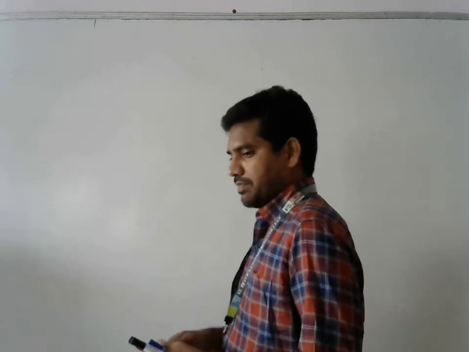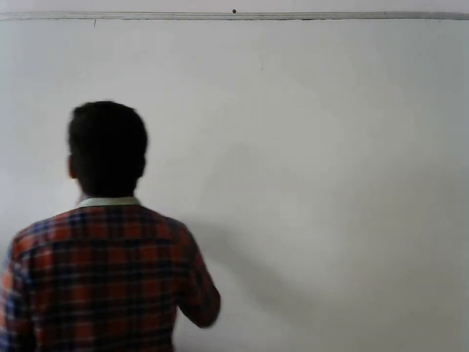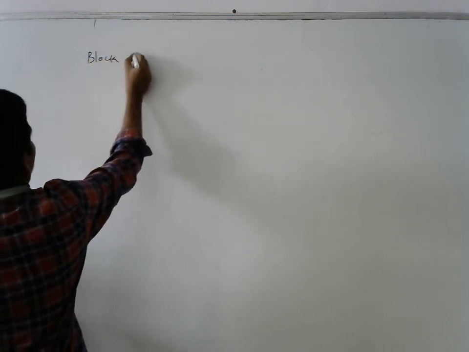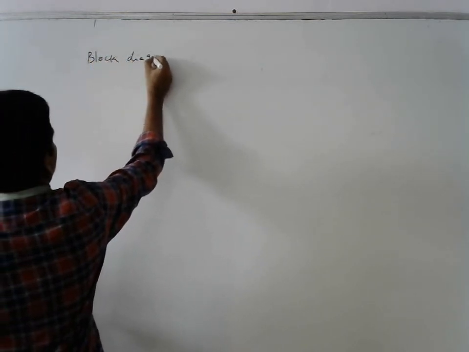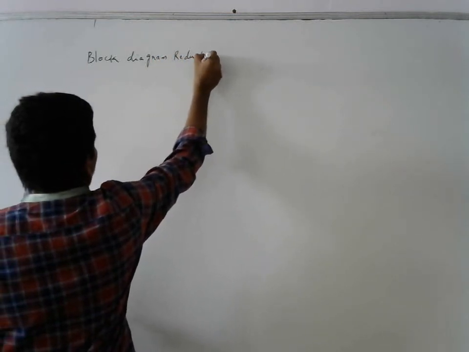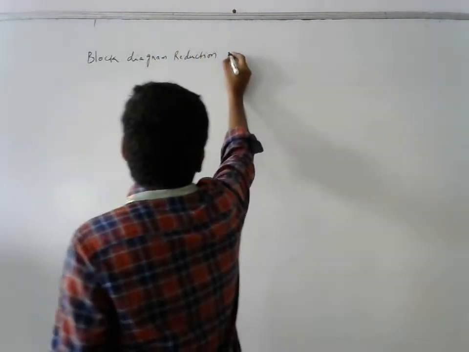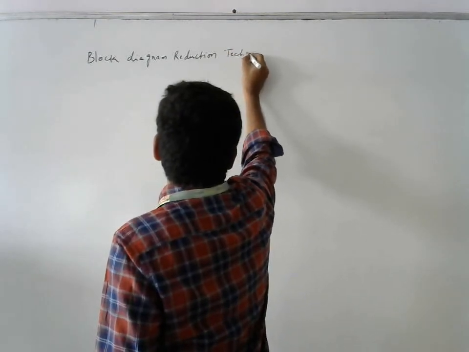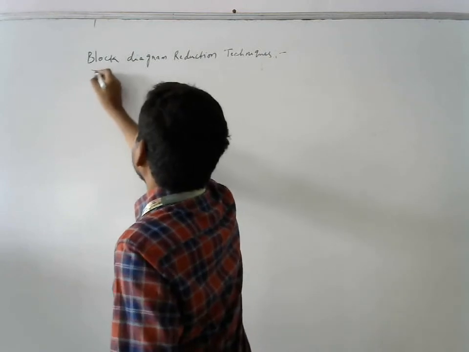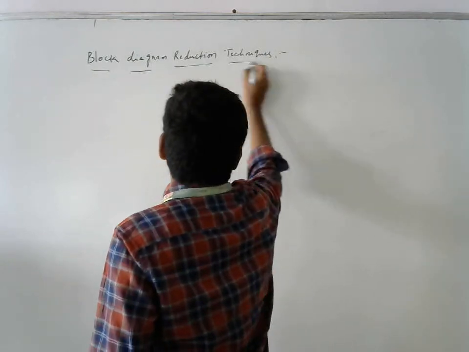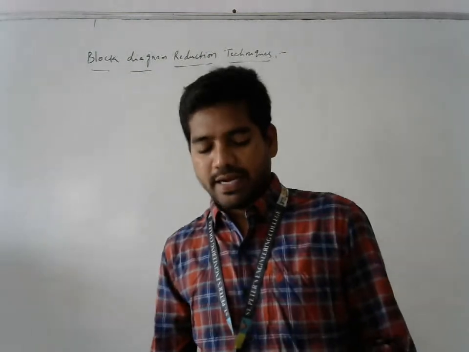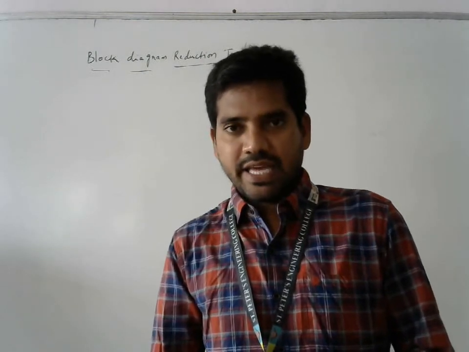Block diagram reduction techniques. There are 8 to 10 rules to reduce a block diagram into its equivalent single block.